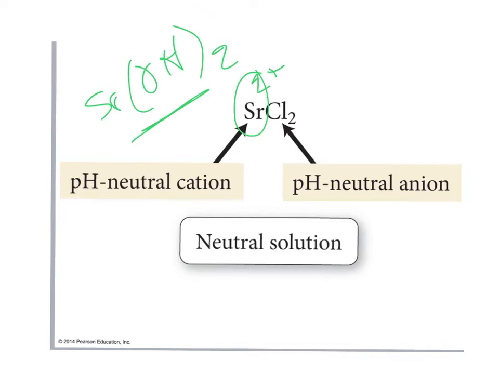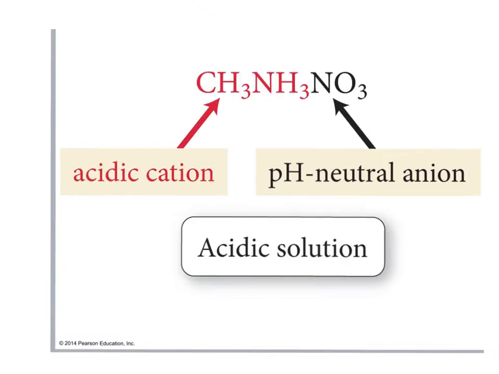It is a non-acid, right? So strontium coupled with Cl minus, which was part of HCl, and HCl is a strong acid. So again, part of a strong acid, part of a strong base, they go together, and they're going to be neutral.